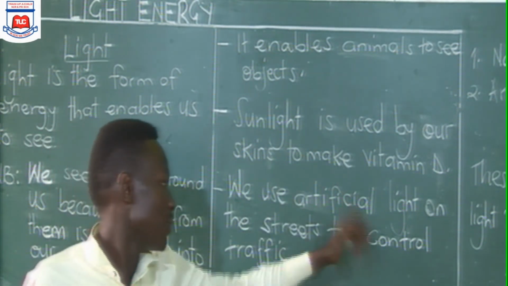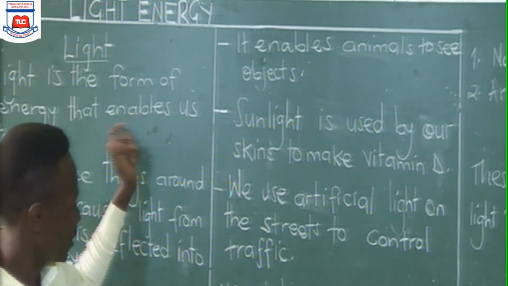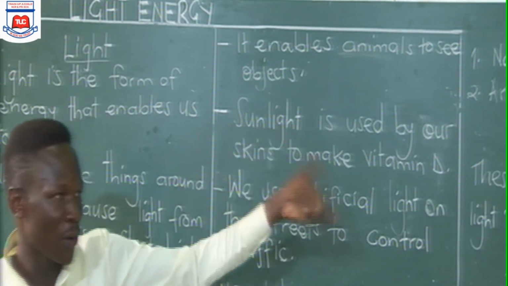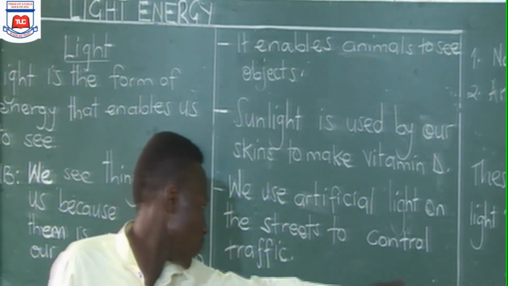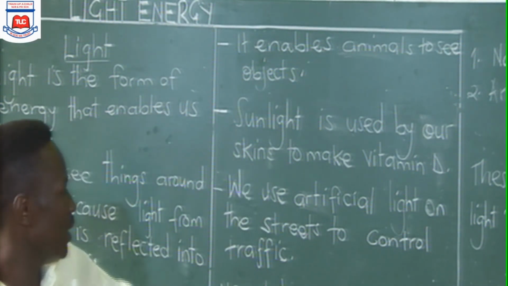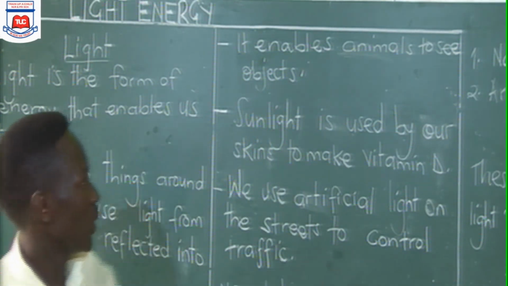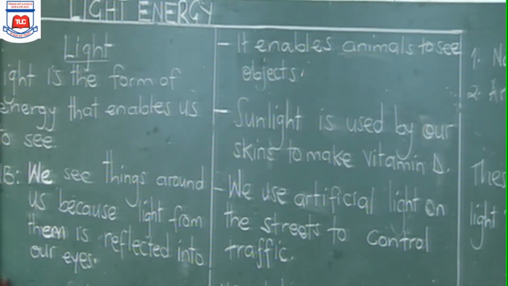We use artificial light on the streets to control traffic. We have places along busy roads where we use this artificial light to control traffic. We have the red color, we have yellow, and then we have orange.